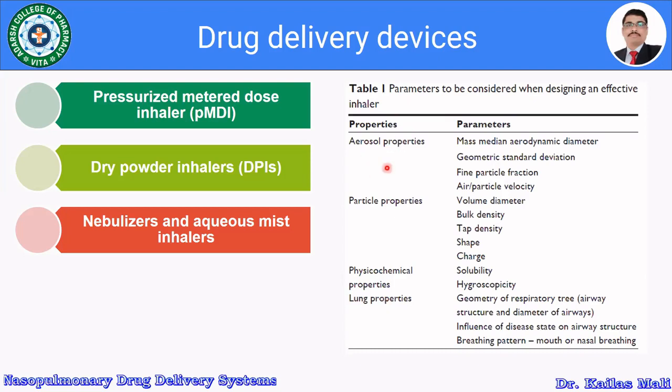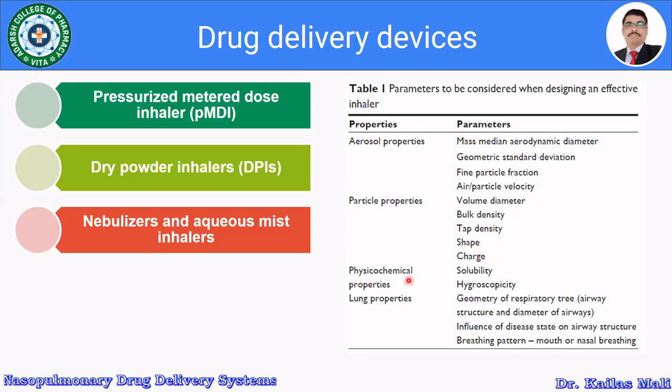For aerosol properties, we have to consider the mass median aerodynamic diameter, geometric standard deviation, fine particle fraction, and particle velocity. For particle properties, we consider the volume diameter, bulk density, tap density, shape, and charge.